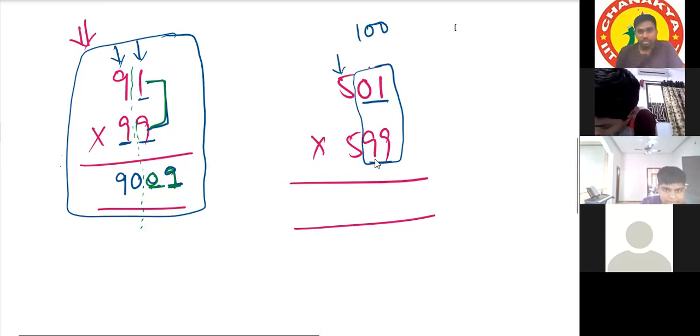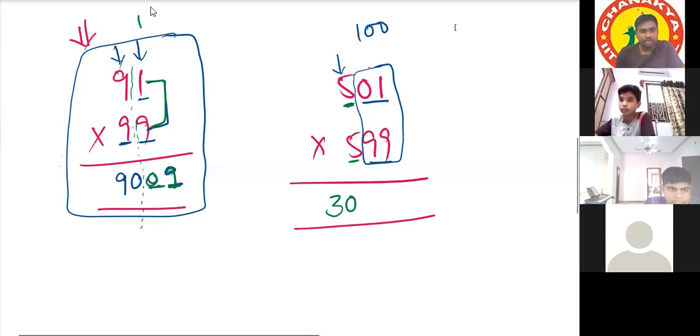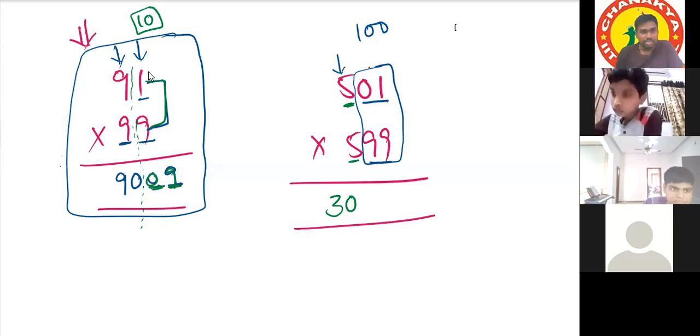So now see, what is the successor of 5? Sir, 6. It will be 30. After writing 30, wait, let me explain. In the previous case, the units place was adding to 10, so we reserved only 2 positions, because 10 tens are 100, which consists of 2 zeros, 2 positions.